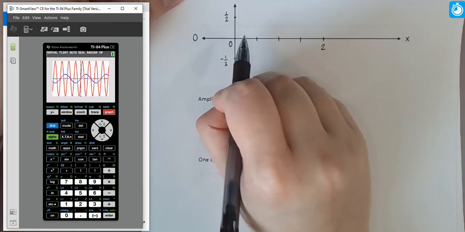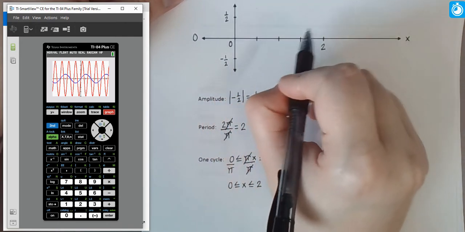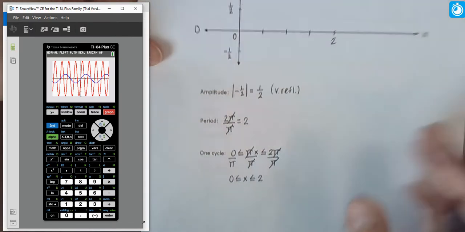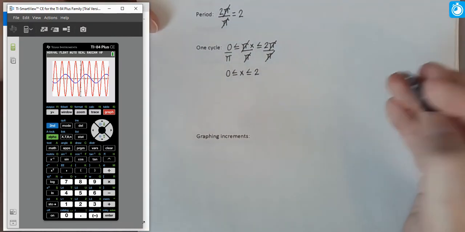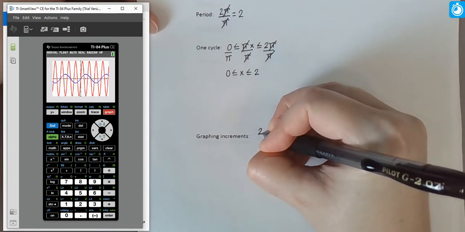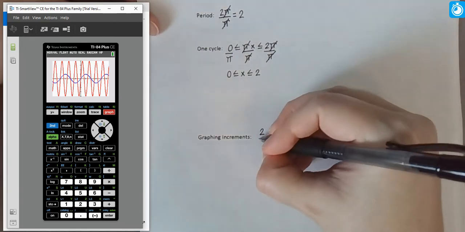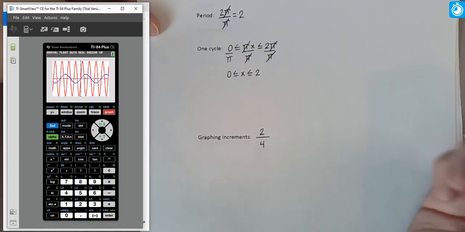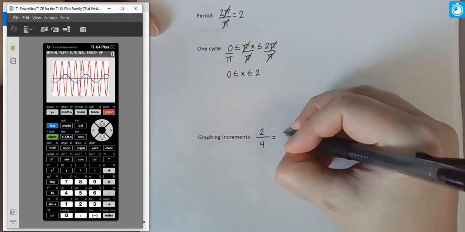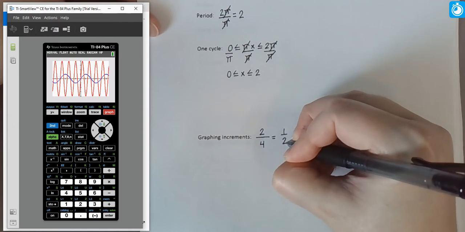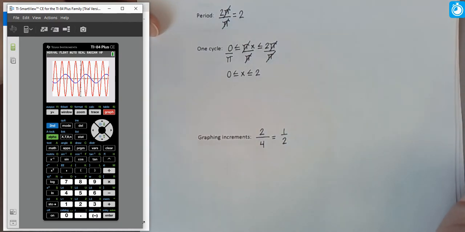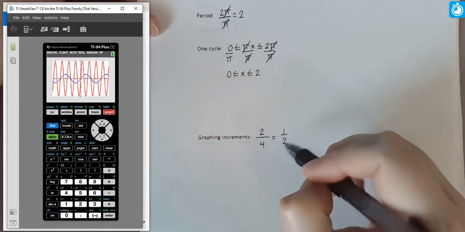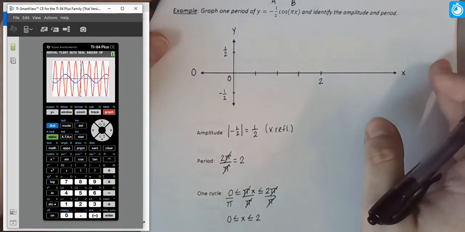Think of this as the first quadrant, the second, the third, and the fourth. But what's the impact based on the fact that we now have this new value and we've changed our period? Well, our new period is going to be 2 units, and we're dividing this full period into 4 equally sized parts, which means our increments are 1/2 a unit apart from one another. So in other words, we're counting along our x-axis going by 1/2 a unit at a time.